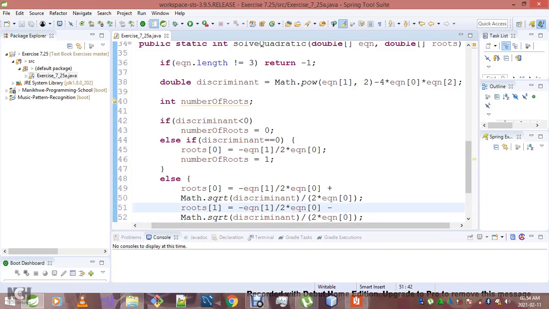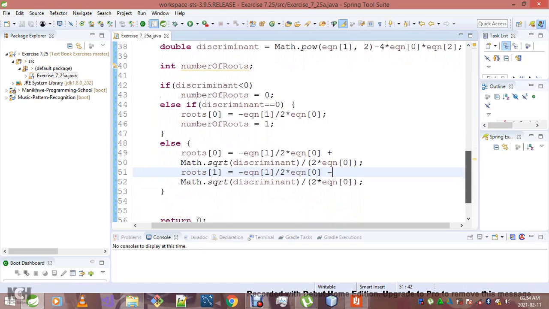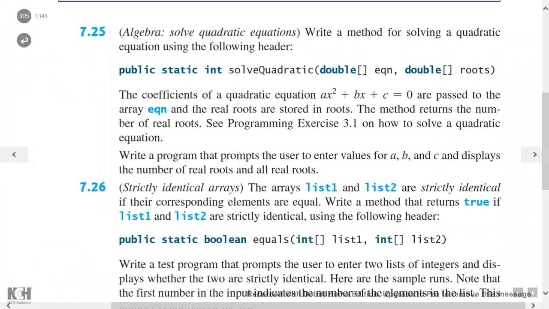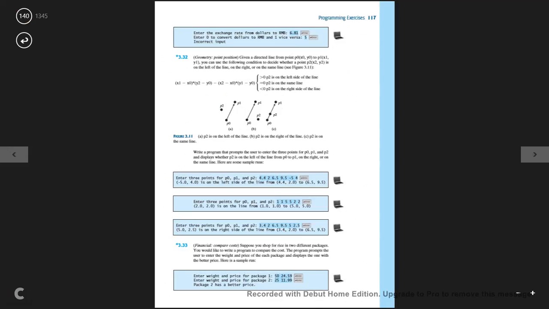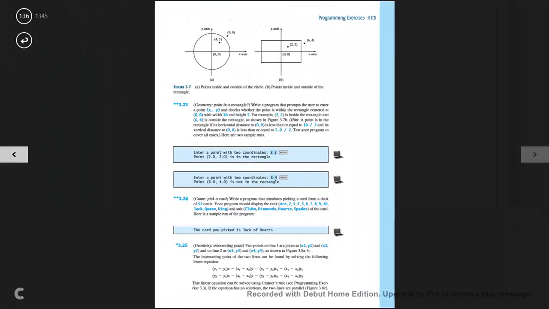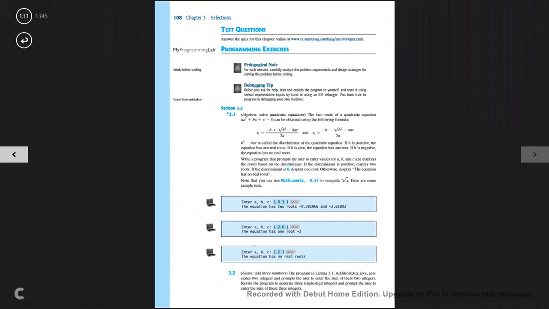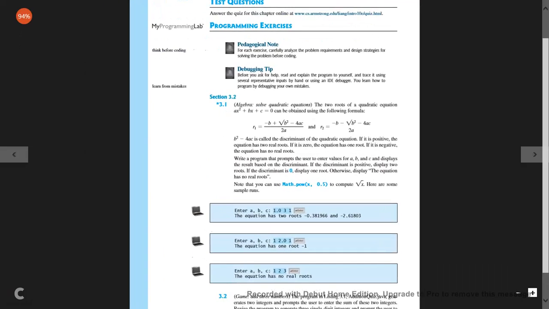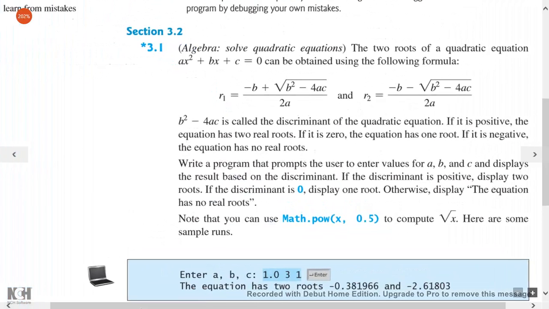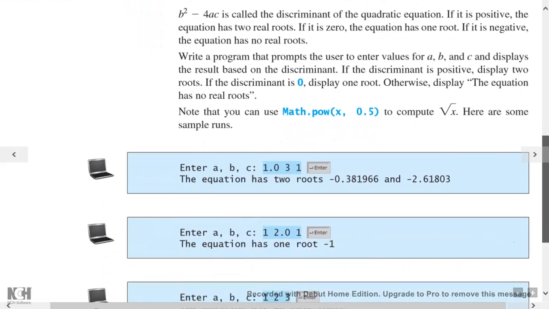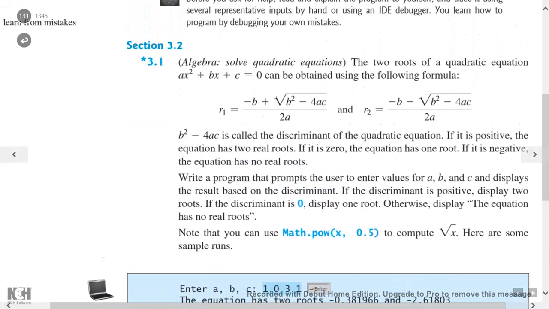Again, if you understand math, this will be easy, and if you don't, please jump on to. Let me show it to you guys again. This right here. Okay, this is it.